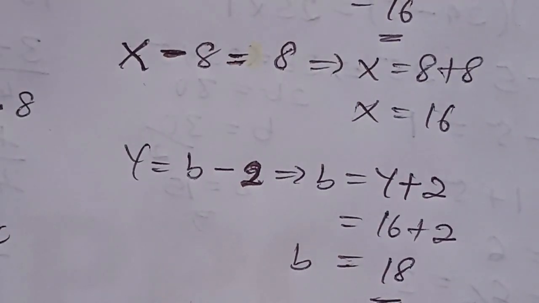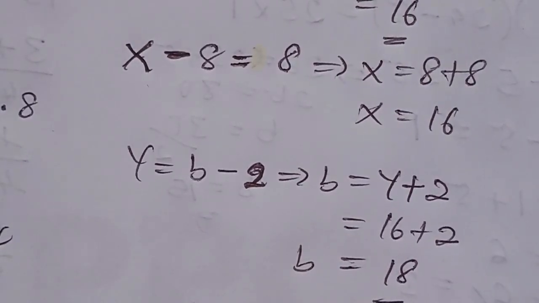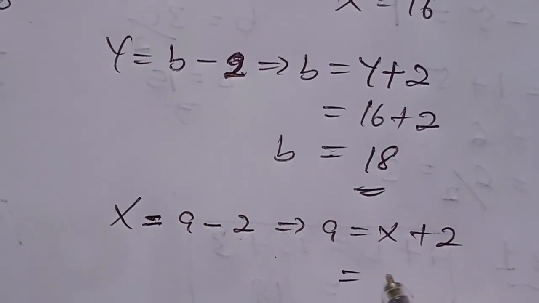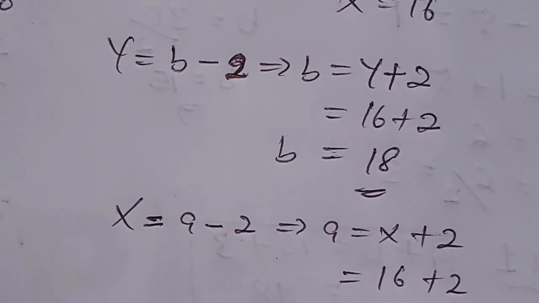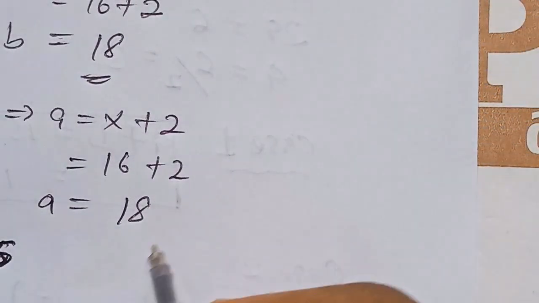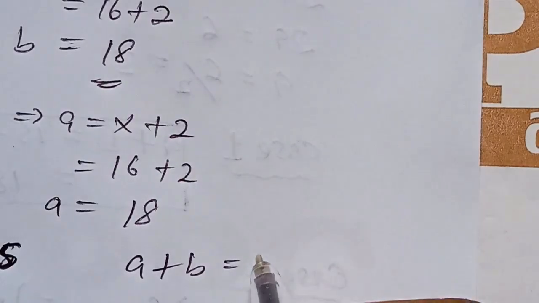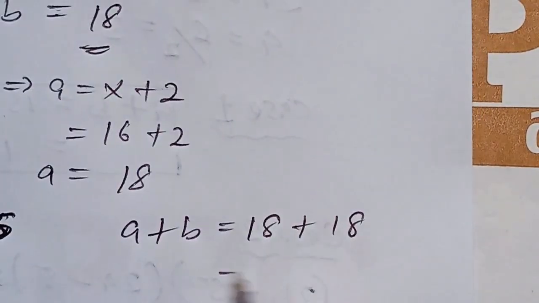Then x is given as a minus 2, implies that a is equal to x plus 2, and that's equal to 16 plus 2, which is equal to 18. So for case 3, a plus b will now be equal to 18 plus 18.